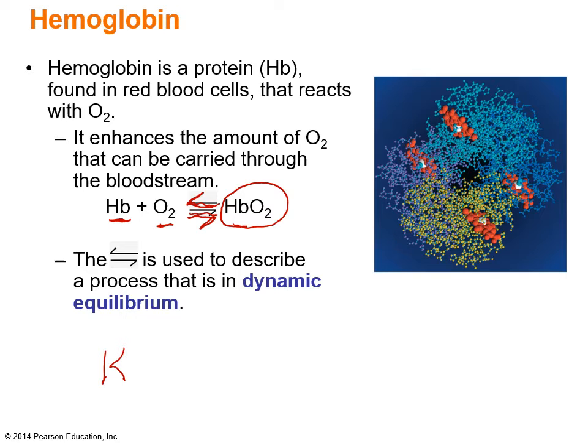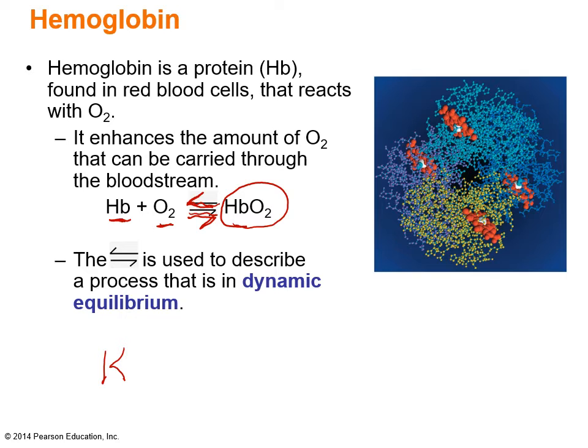It can also go in the backward direction. And dynamic equilibrium means that it is changing throughout. Okay, so that oxygen is continually being bound, it's continually being released, but that amount is determined by our equilibrium constant.